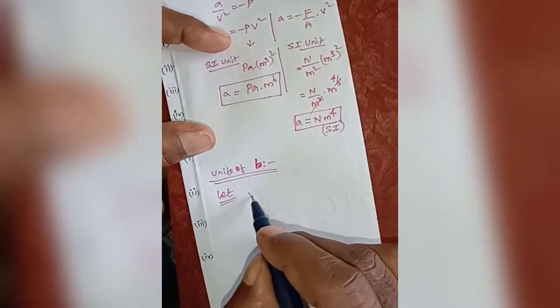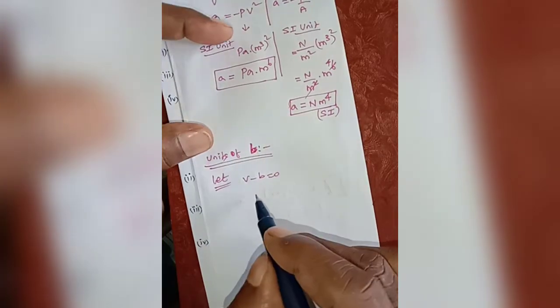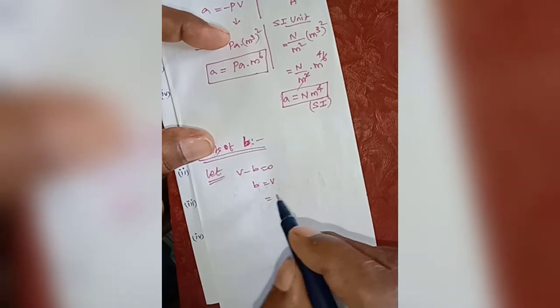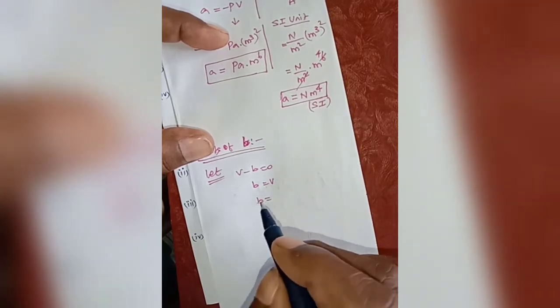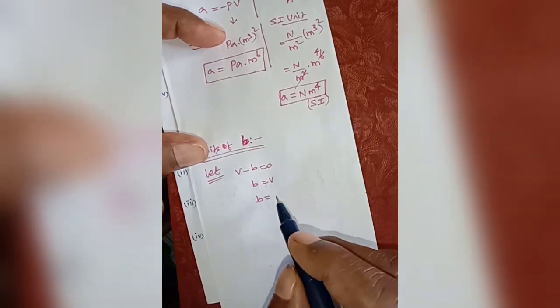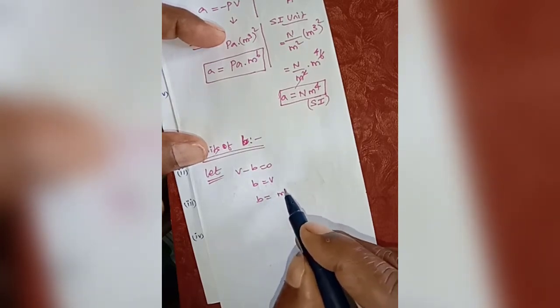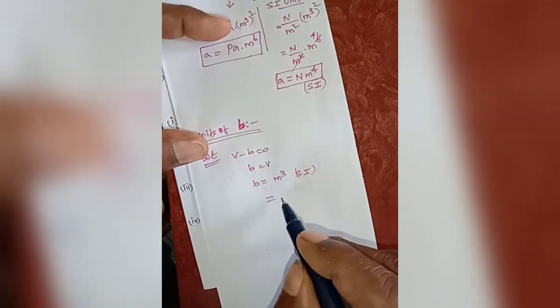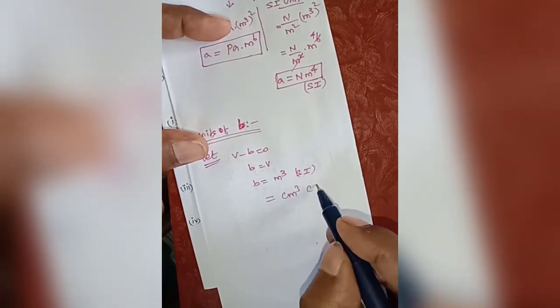So let V minus b equal to 0, so b is equal to V. So volume, b is another van der Waals constant variable. So volume SI unit is meter cube, so this is the SI unit, and then the CGS unit is centimeter cube.